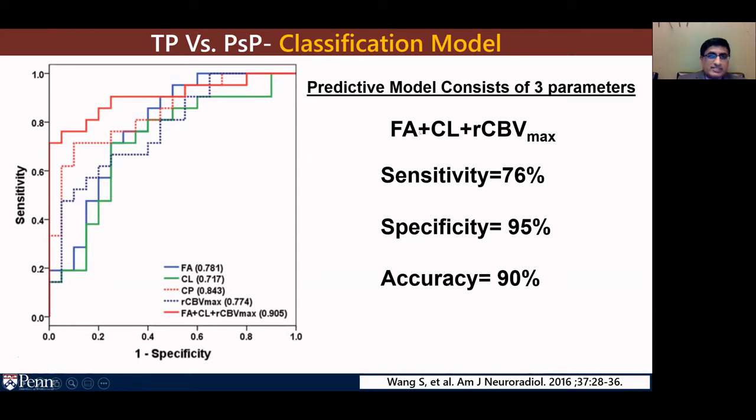When we use this model to differentiate TP from PSP, we observed a sensitivity of approximately 76%, specificity of 95%, and accuracy of 90% in distinguishing TP and PSP. So this model is relatively highly accurate in differentiating TP and PSP.